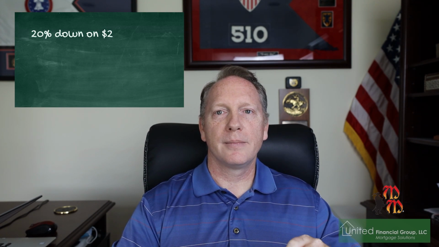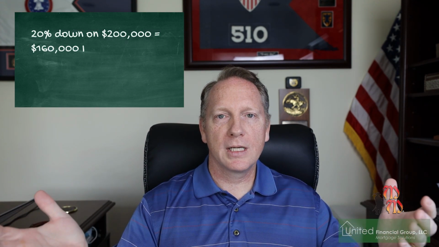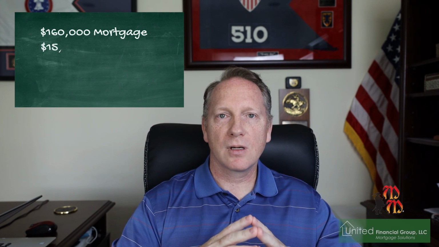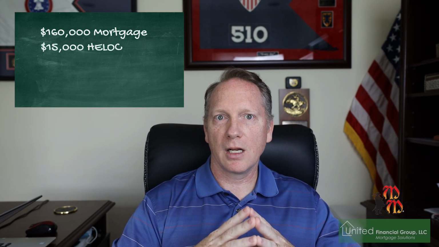Now let's talk combined loan to value. Let's say that you had put 20% down on that $200,000 house. So you had a $160,000 loan, which gave you an 80% loan to value on $200,000. You also decided that you were going to get a $15,000 pool, and you had a home equity line of credit.